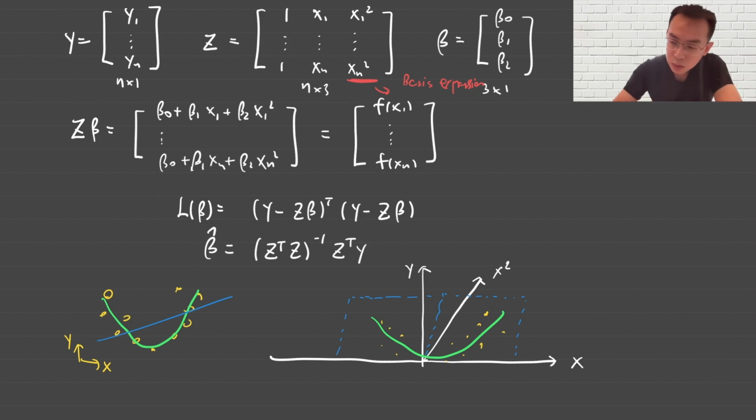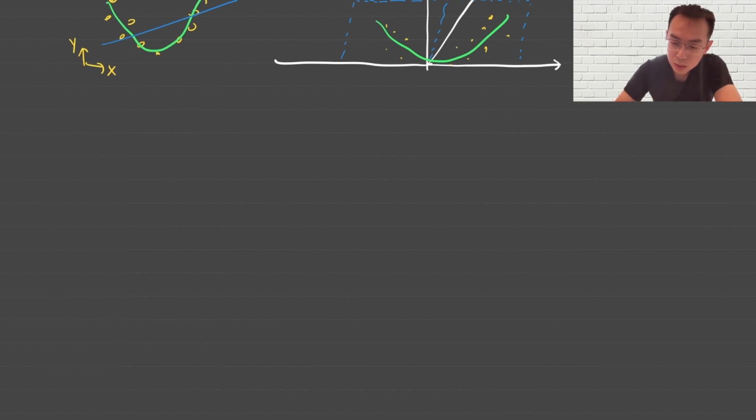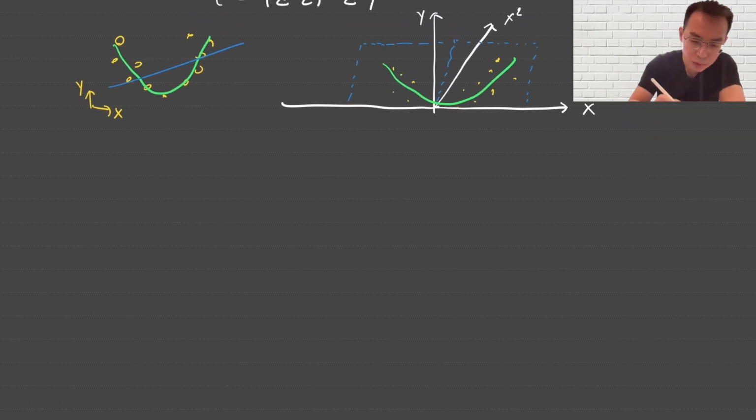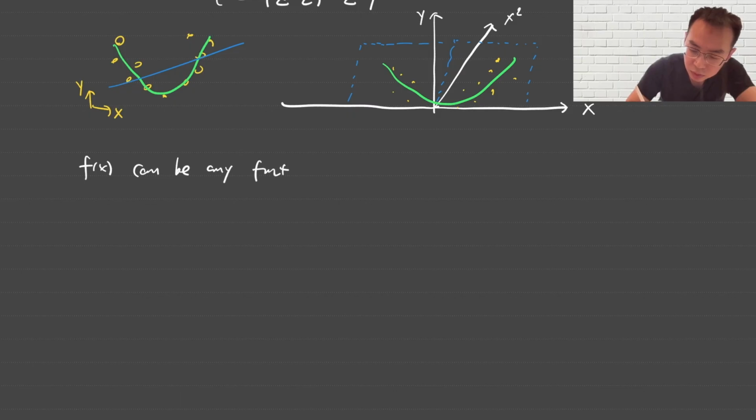There are a few things I want to say about this. The first is that we just did one particular example with quadratic functions of f, but f(x) can be any function.